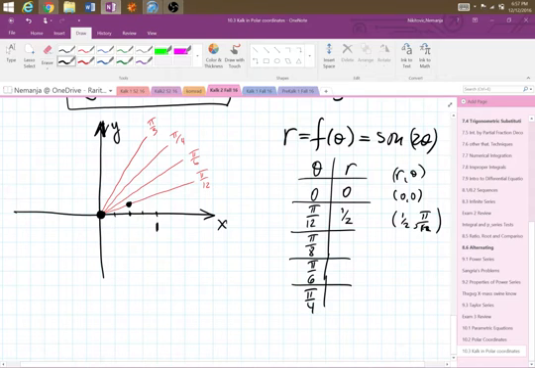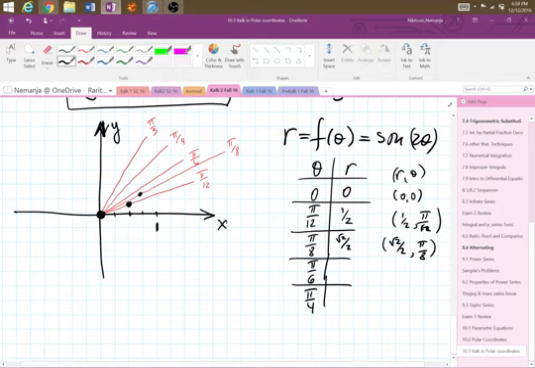Pi over 8 gives me pi over 4, root 2 over 2. So I have root 2 over 2 and pi over 8. Pi over 8 is in between these two. Root 2 divided by 2 is about 0.7. So 0.7 right there, let's say.